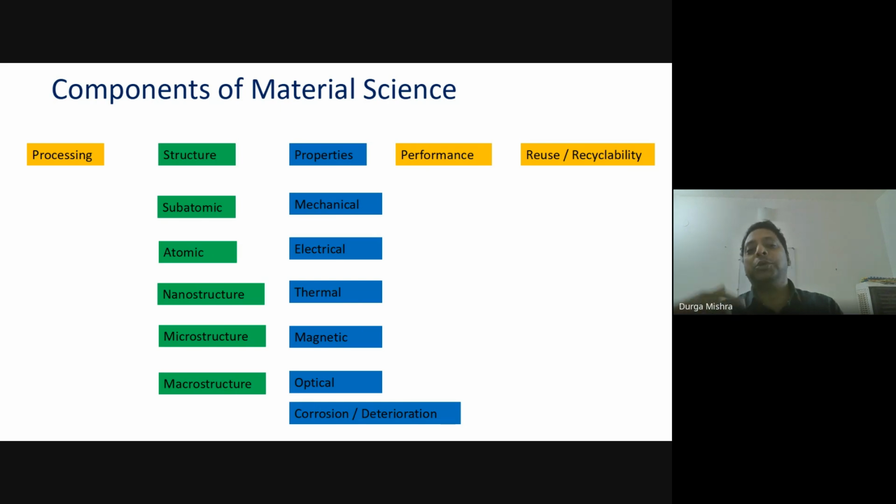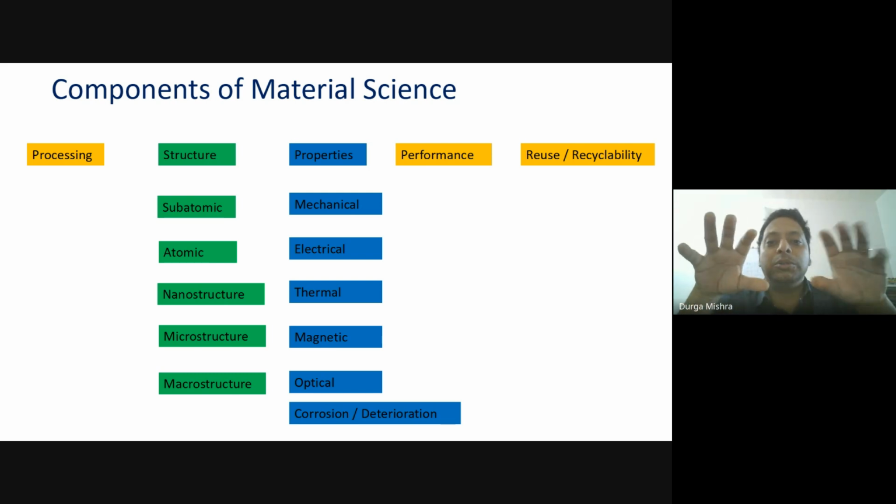Okay, so of course, depending on its properties, the performance or its application will be decided. So if you want a material with good electrical conduction, you will probably choose a material with a high conductivity or a low resistivity. So you have to design a material based on the structure, so that you can control the electrical property of the material, and that you will use in your application.